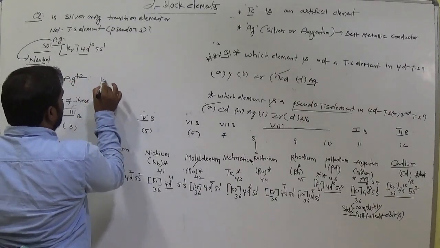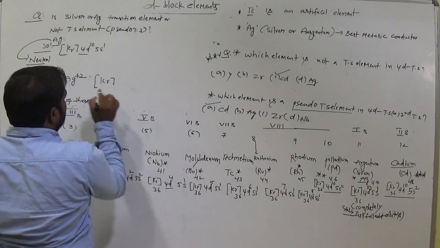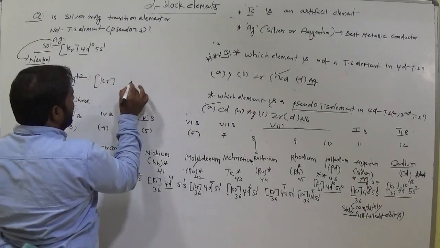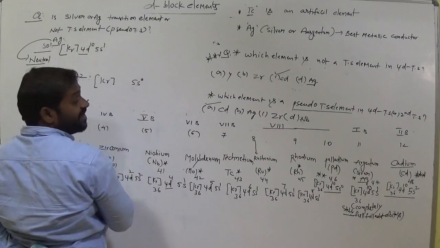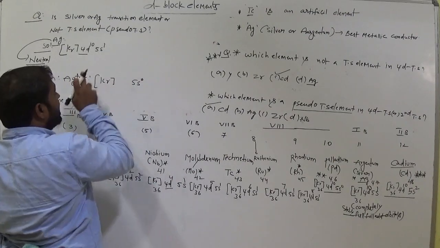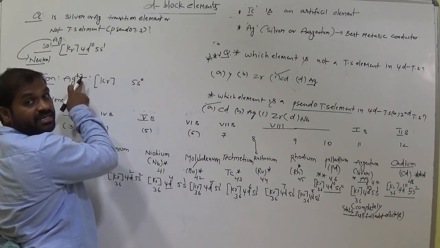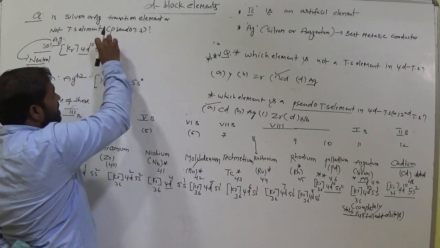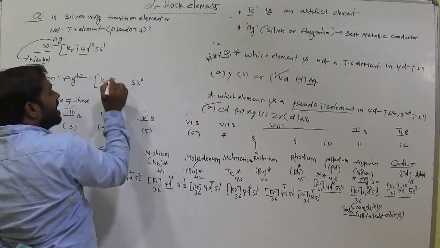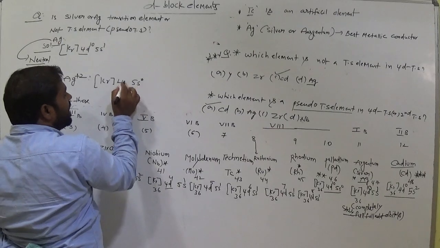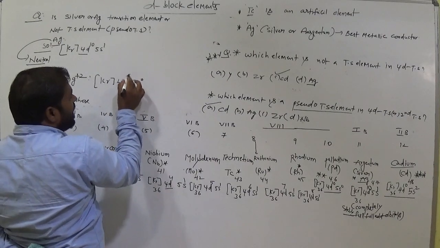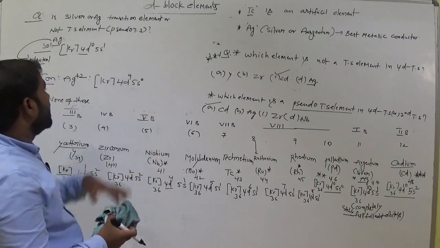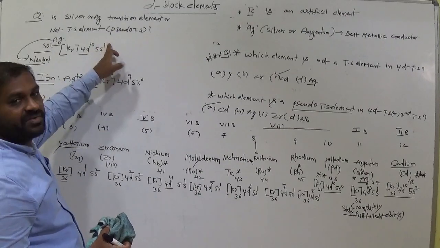That means krypton, 1 electron from s, that is 5s0, 1 electron only. The second, it can lose 2 electrons: 1 electron from this s, and the second electron from 4d9 electrons. So 1 electron from here, 1 electron from here, totally 2.